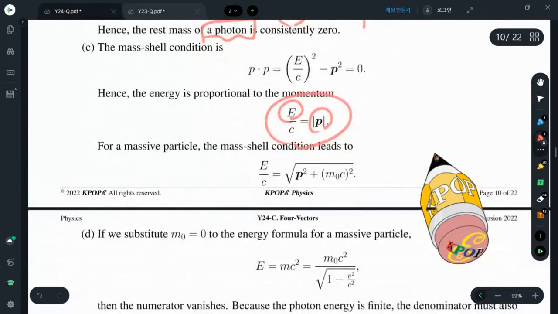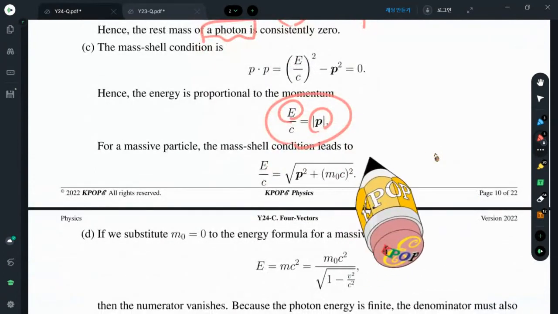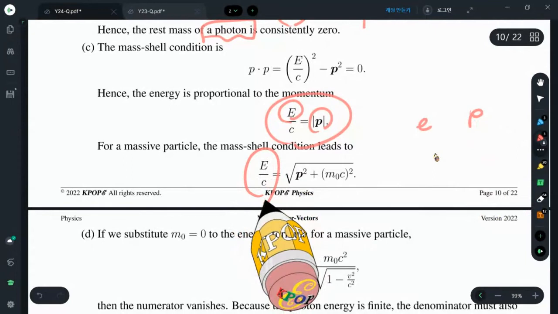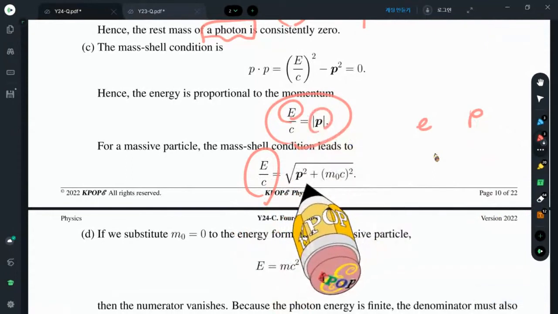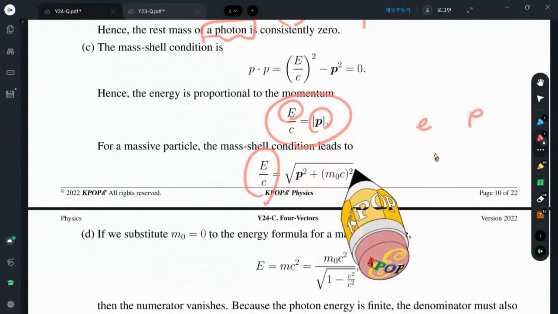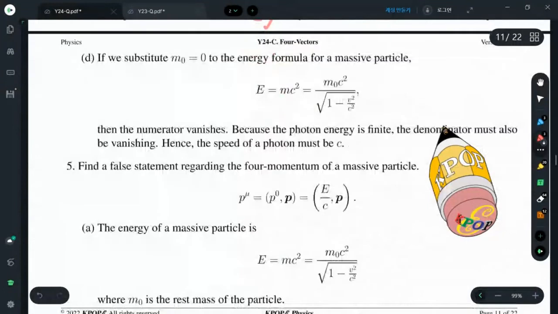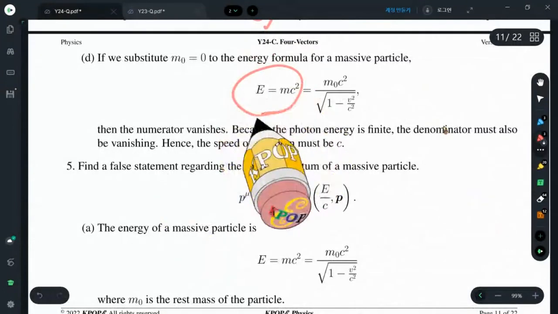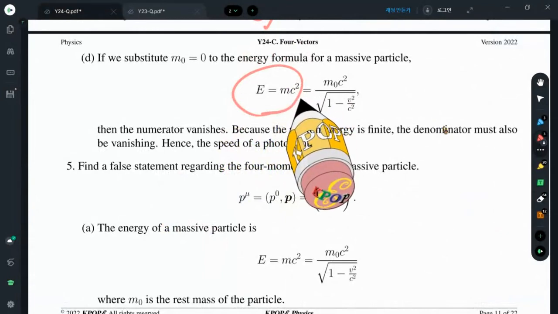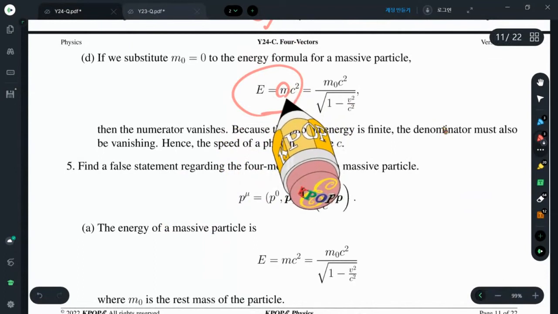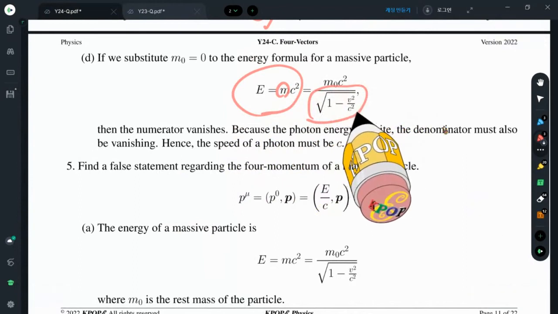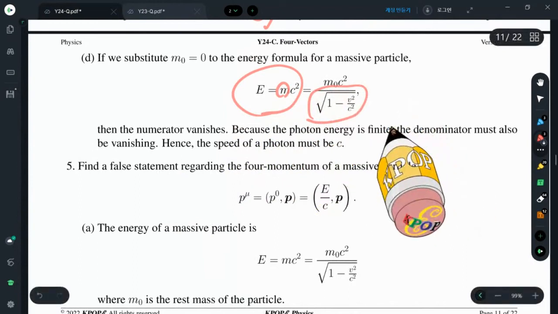If a particle has non-zero mass, for example an electron or proton, its energy is expressed as the square root of momentum squared times c squared plus rest mass times the speed of light squared, all squared. As I already told you, the energy of a particle is mass times the speed of light squared, and its mass depends on the speed, which is represented by the Lorentz factor.